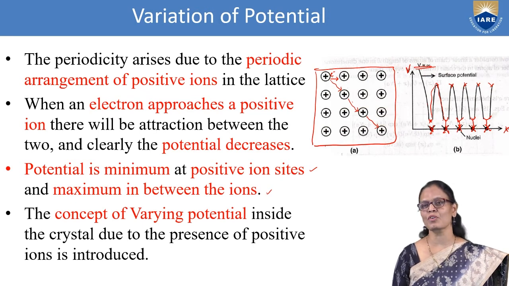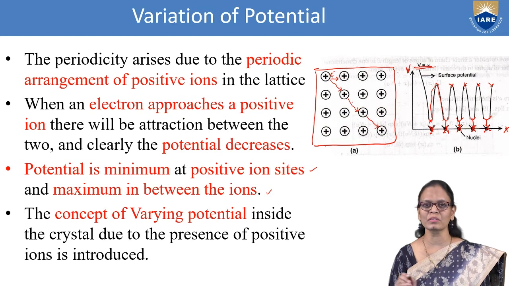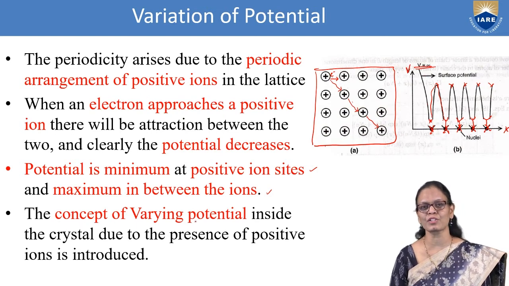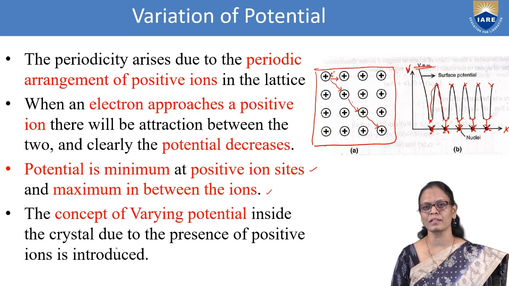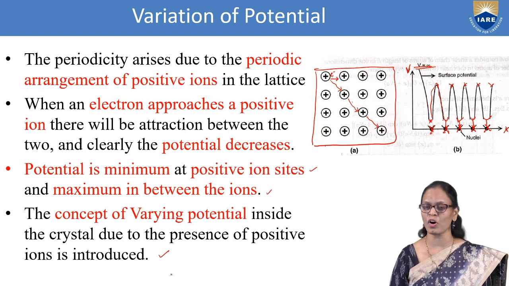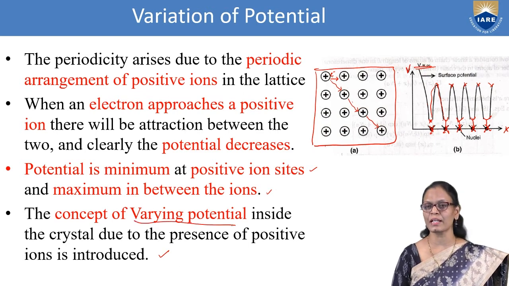And as the number of atoms increases, you can see the same periodicity throughout the lattice. So the concept of varying potential inside the crystal due to the presence of positive ions is introduced.